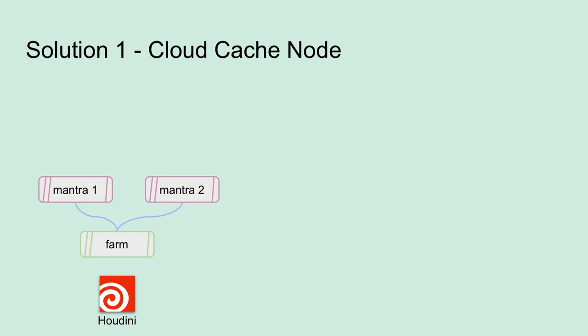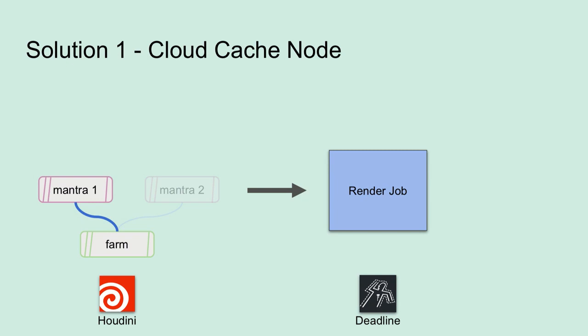The first solution we developed was this. Looking at the Houdini scene here, we have 2 Mantra nodes connected to our farm submitter node. When the artist submits the job, each node gets translated into a render job on the farm. A render job is a collection of frames independently being rendered, but we represent it as one unit.